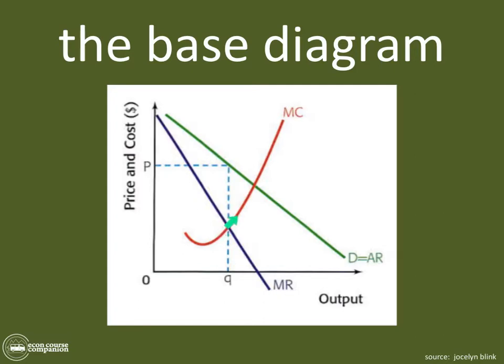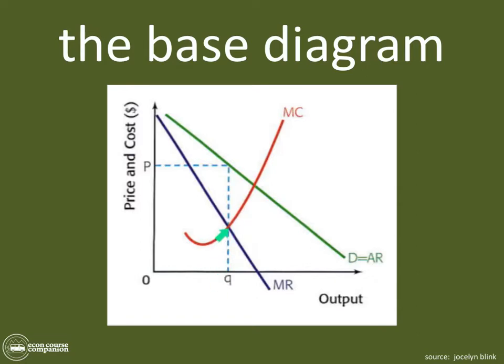What's going to happen? Well, it's going to cost them this amount to make this quantity, but what's the revenue that they're going to get on that marginal output? Less than the cost. So what firm would ever produce here, if they're profit maximizing, right? What firm would ever produce beyond Q if they're going to make something that they're actually going to lose money on per unit? No, they're not going to do that.